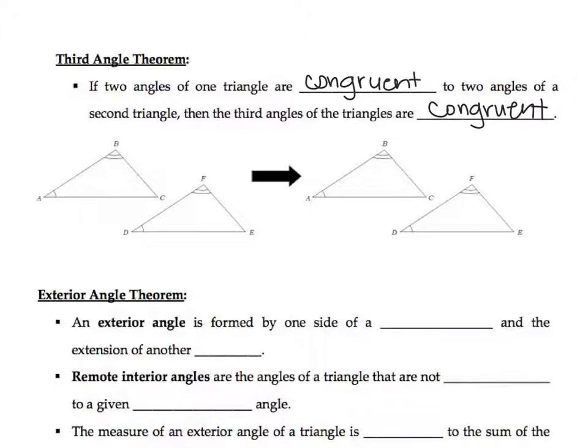This theorem comes directly from the triangle sum theorem because there's only one possibility for that third angle to be if the other two are congruent in order for them to add to 180 degrees. So we have angle A is congruent to angle D, angle B is congruent to angle F, which then gives us that angle C has to be congruent to angle E.